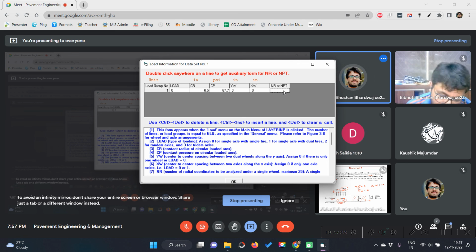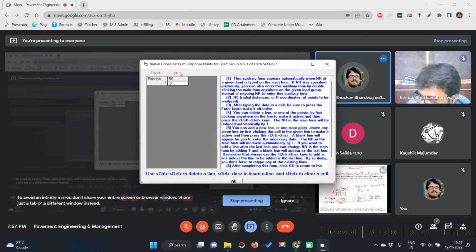NR and NPT, it's the number of points, right? So here I'll write 1. I enter, it comes to the radial distance. So what will be my value here? Remember, here in CANPEF, our 0 starts from the edge of the tire. So what will be RC here? 6.5 divided by 2, which will be 3.25.